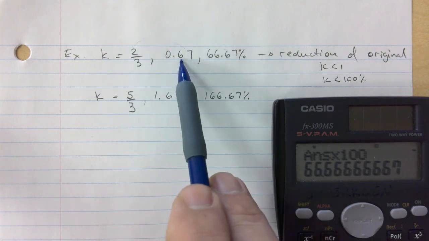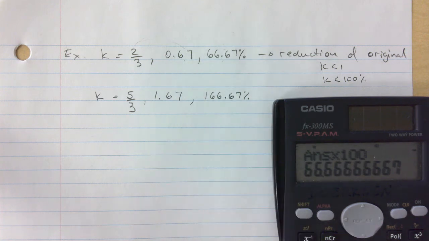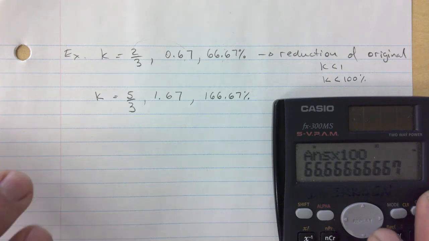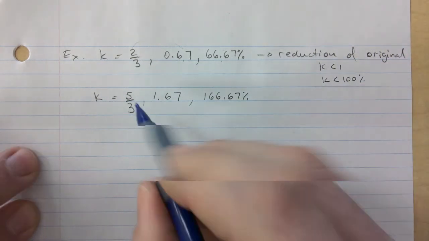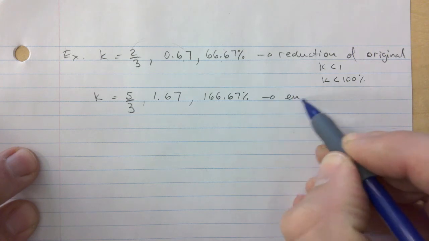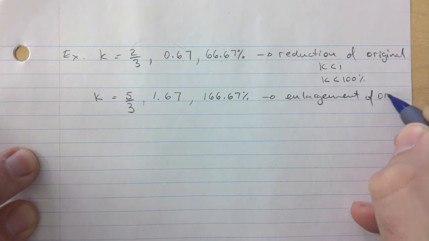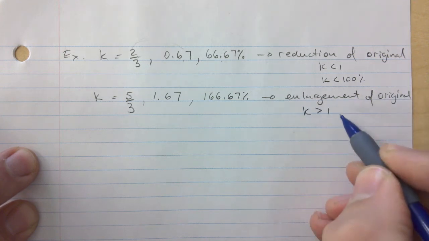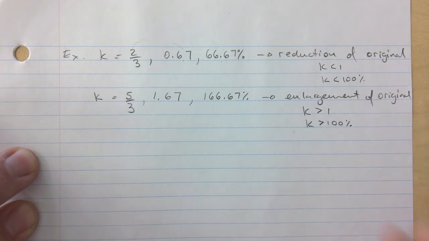If you go from 67 to 67%, that'd be rounding too soon, okay? Same thing with 5 over 3. This is an enlargement of original. K is greater than 1, or you could say K is greater than 100%.